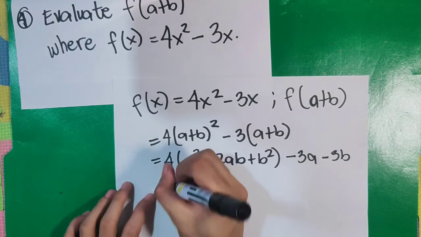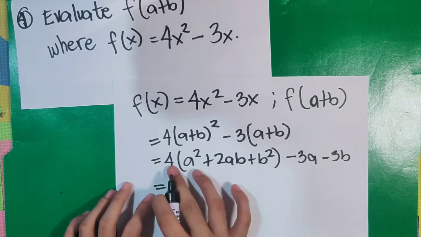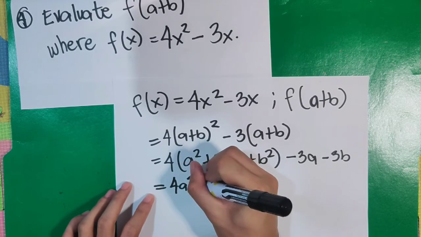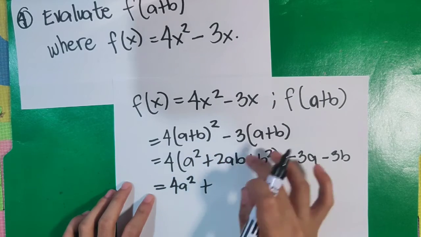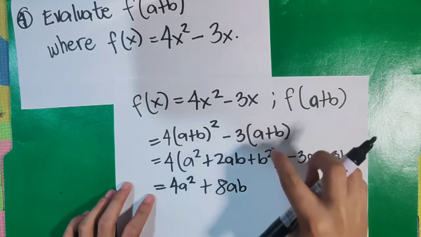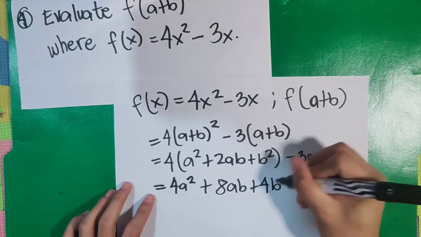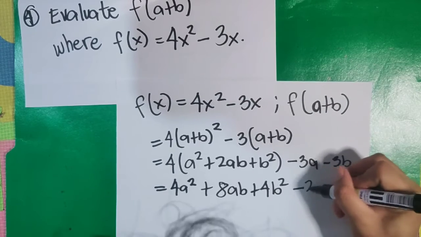Okay. So we need to simplify this term. So 4 times a squared, we get 4a squared, plus 4 times 2ab, so we get 8ab. Then 4 times b squared, so we get plus 4b squared. Then copy the rest of the expression.